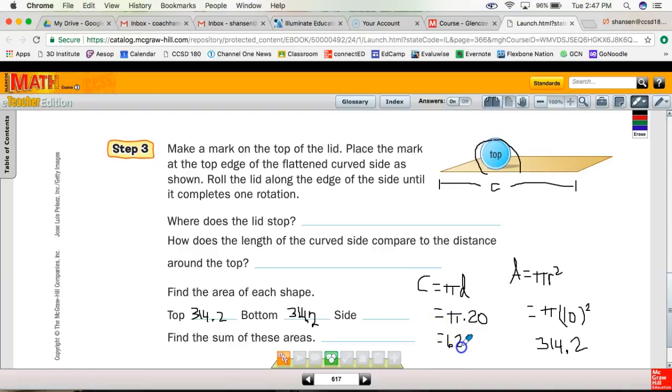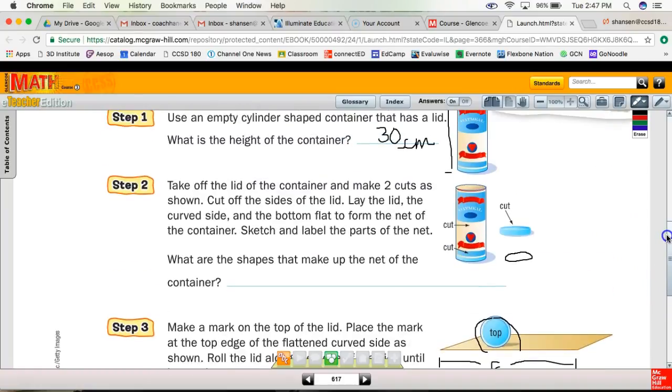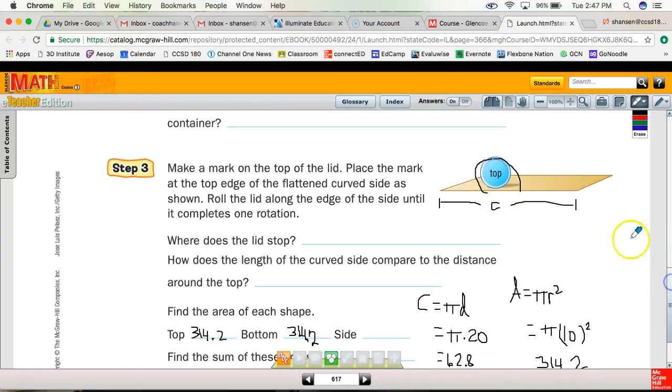The circumference of the circle, remember when I lay this out, is one dimension of the rectangle. The other dimension of the rectangle is the height of the cylinder, which they said was 30 centimeters. So this is the C for circumference, the 62.8 that we're talking about, and this would be the height, which is 30.